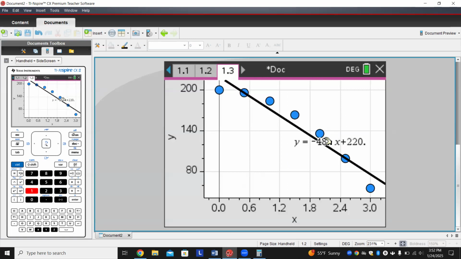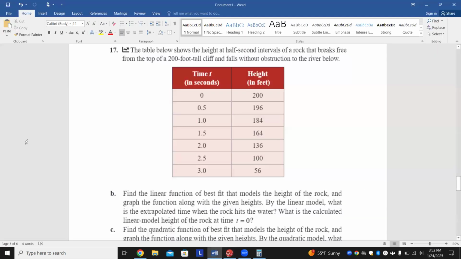There's my equation. So when I come back over here, I will write that down. So for part B, I got y equals, I wrote it down earlier, negative 48x plus 220. The following question after that says, by the linear model, what is the extrapolated time when the rock hits the water?